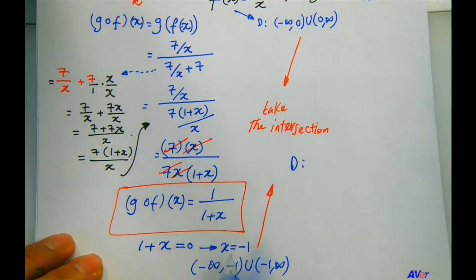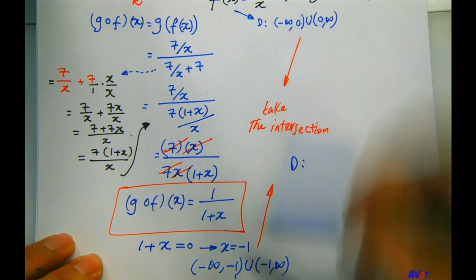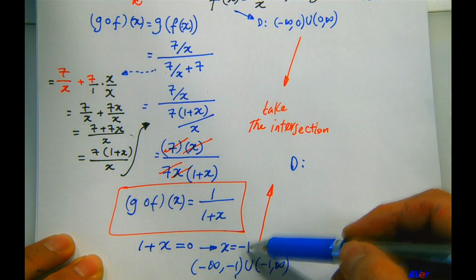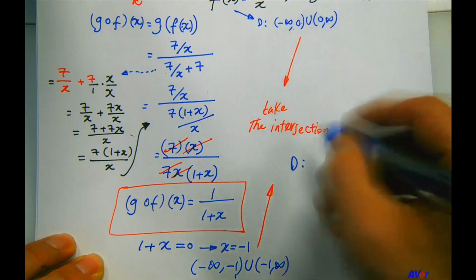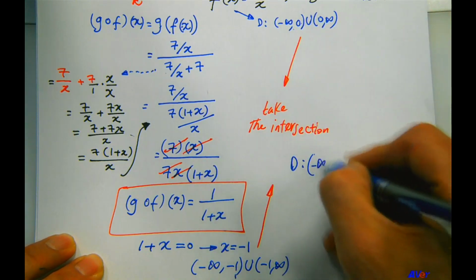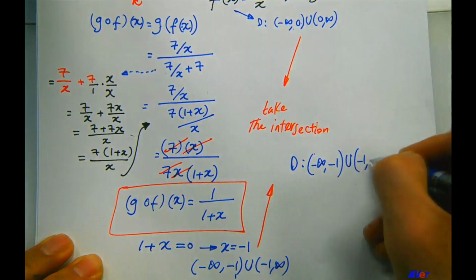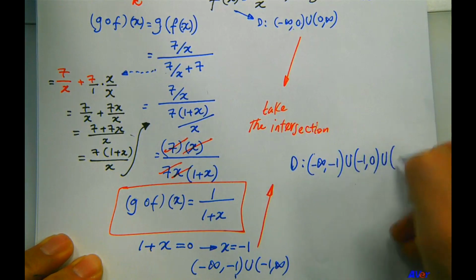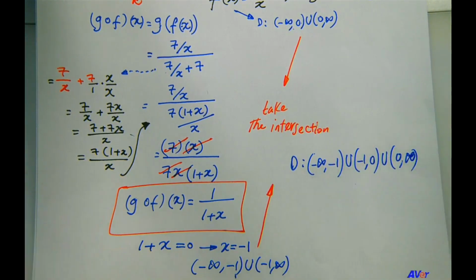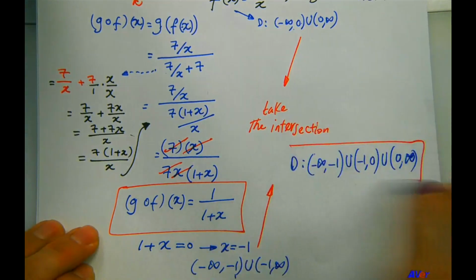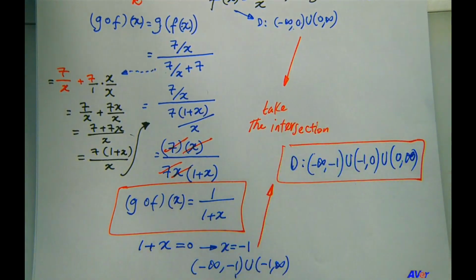So -1 and 0 should be excluded, right? -1 and 0 should be excluded. So the domain is -infinity to -1, union -1 to 0, union 0 to positive infinity. That's the domain of the composite function.